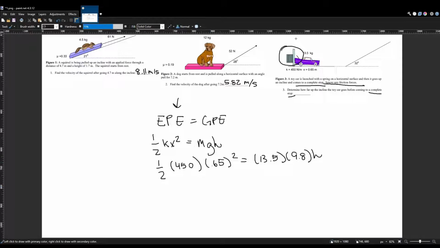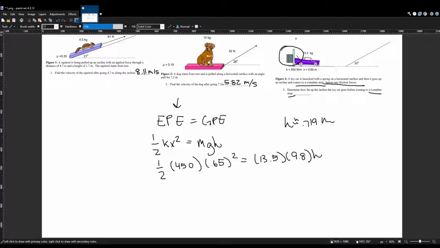And so, when I solve for this in my calculator, I'm going to get 1/2 times 50 times 0.65 squared equals 13.5 times 9.8 times the height. The height is going to be approximately equal to 0.719 meters.